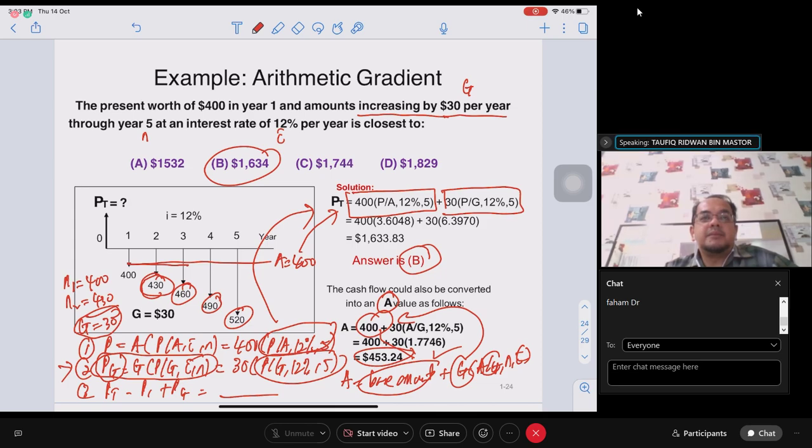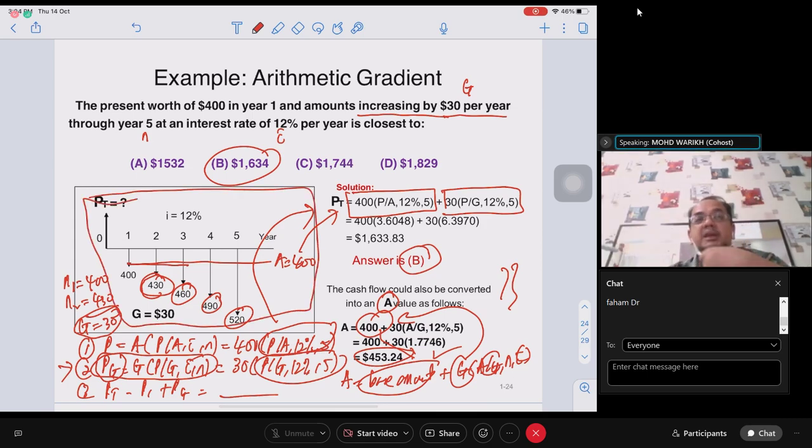The A value, this one, 453. In simple terms, I will explain in Malay for the foreigners. For example, in this graph, we pay money every year. Say the first year we pay RM400, year 2 RM430, year 3 RM460, year 4 RM490, correct? But I don't want to pay money that increases by RM30 every year. I want to pay a flat, equal amount.